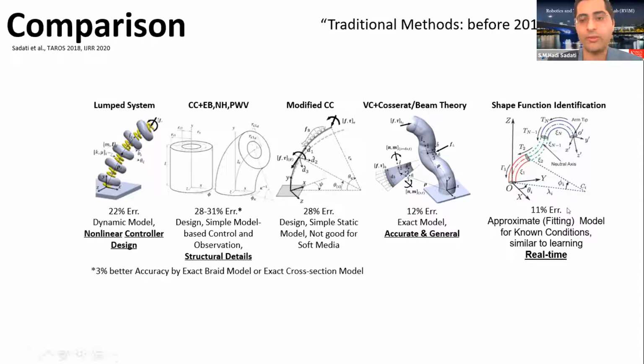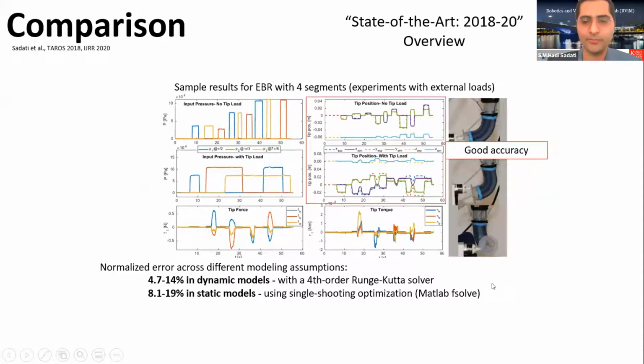So it basically suffers from similar disadvantages as learning methods, which rely on the richness of the data. And considering the exact braiding model and exact cross-section model improves the accuracy of the models by 3%. I'm going to talk about that a bit more later.